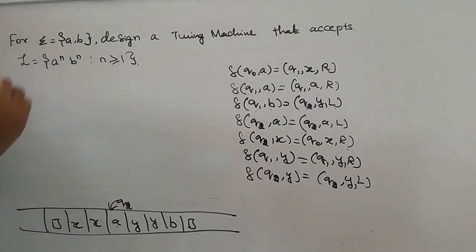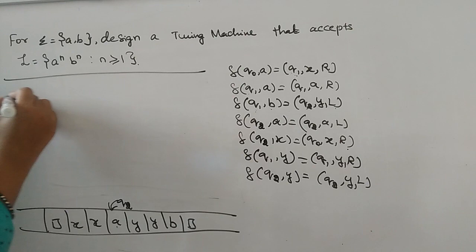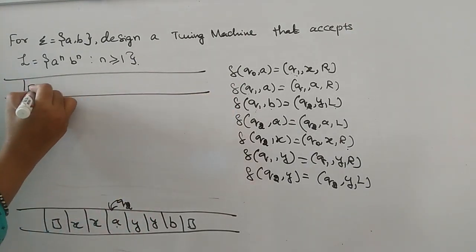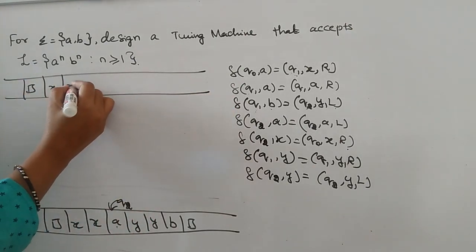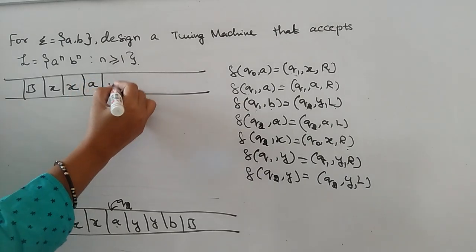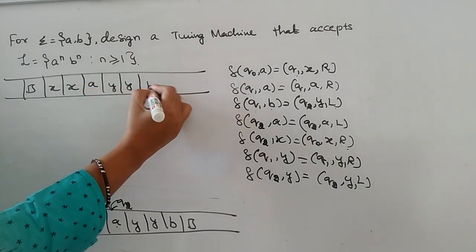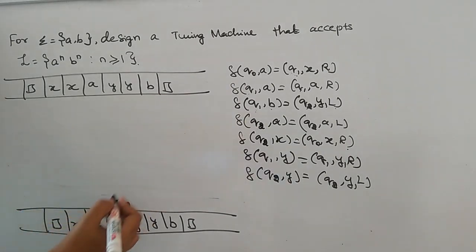So from this one we are writing here x, x, a, y, y, b and then blank here.